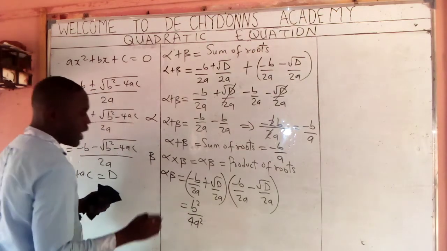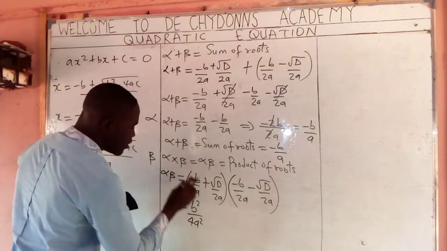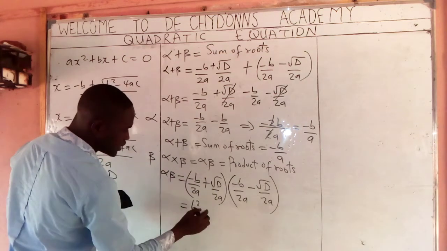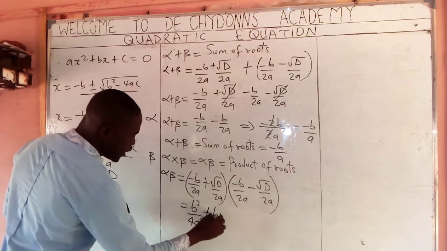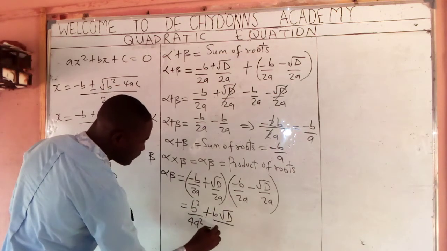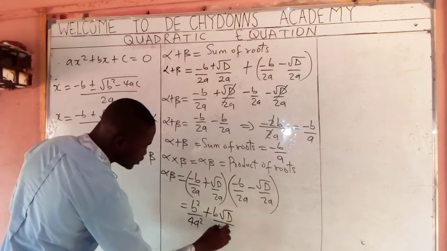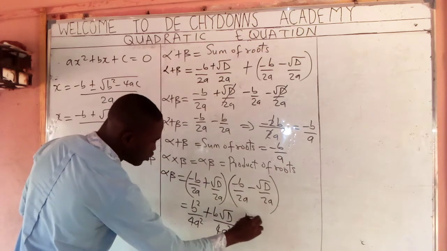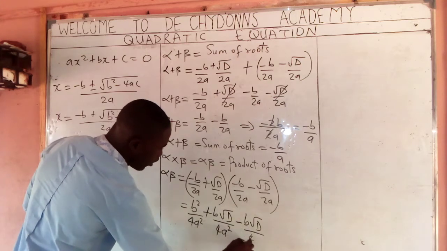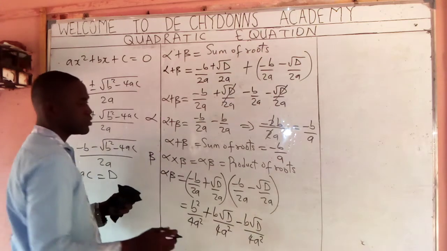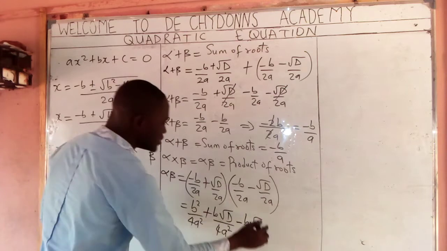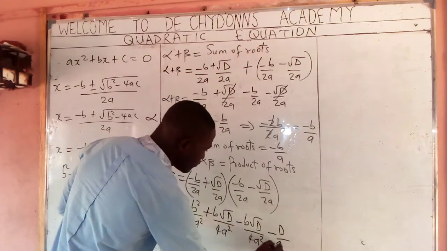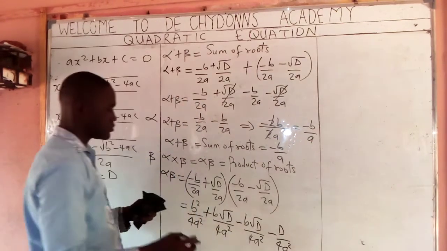Then I will now say this times this, minus times plus, minus times minus is plus b root d all over 4a squared, plus times minus b root d all over 4a squared. Then this times this is minus d all over 4a squared.